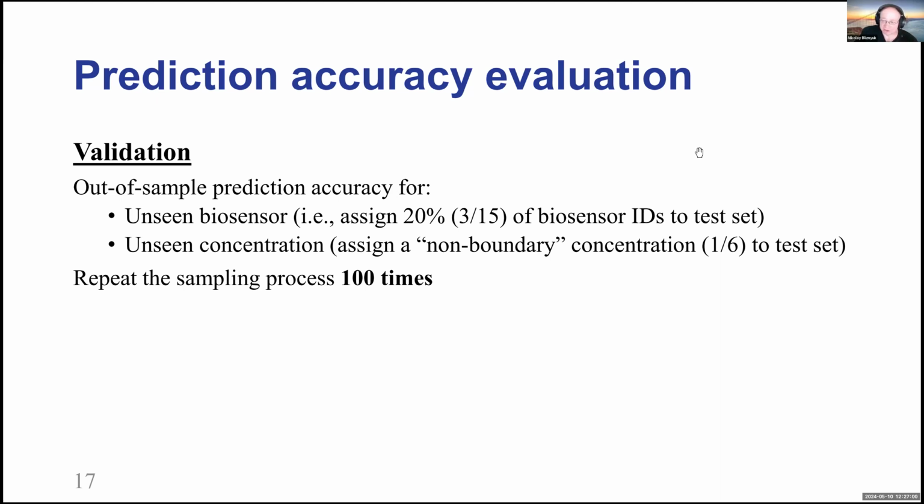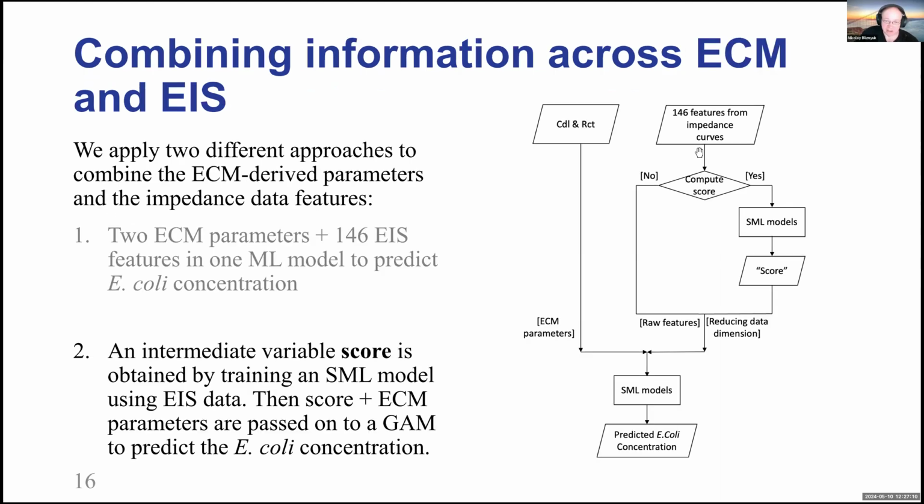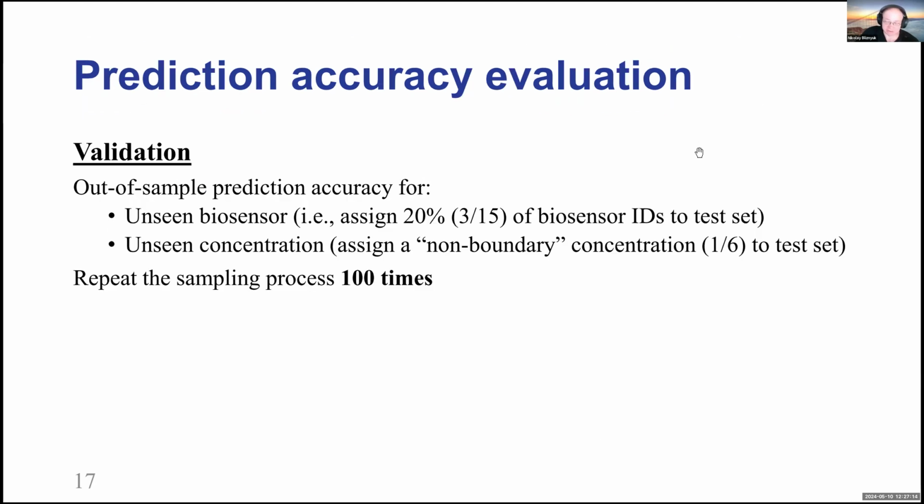And here, because our individual observations are not really independent, one needs to do this in a very careful way. Why are the observations not independent? Well, because we have 120 observations, but only 15 biosensors. One would imagine that observations taken by the same biosensor would be correlated.